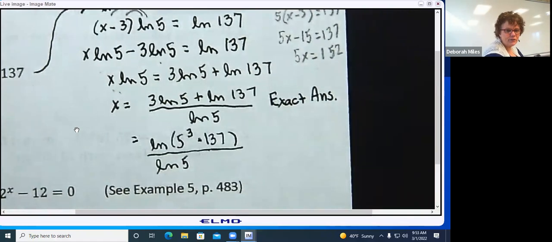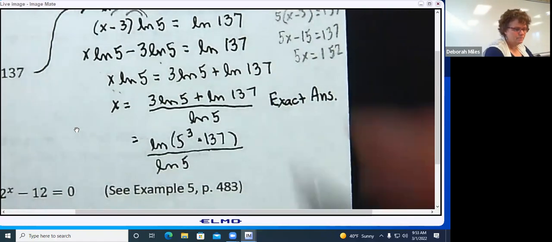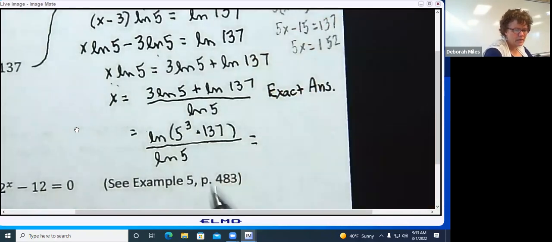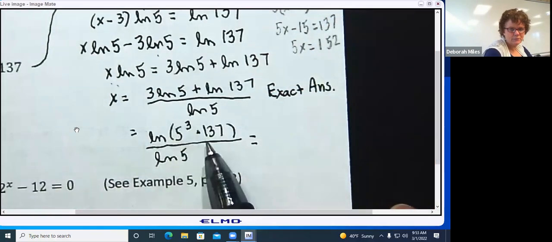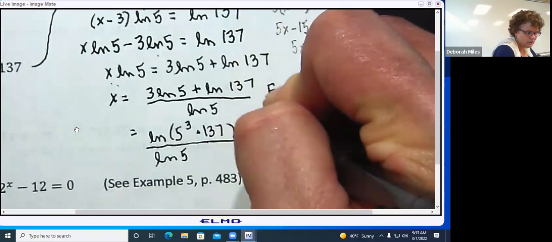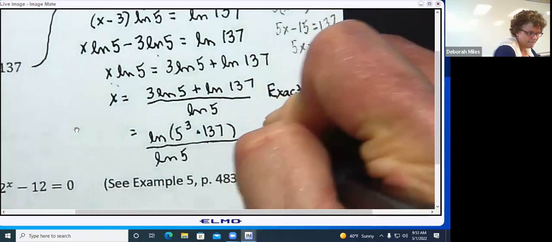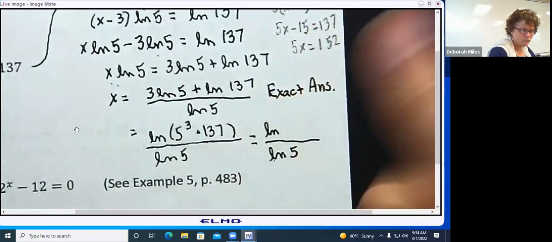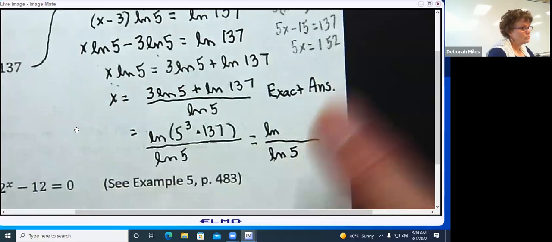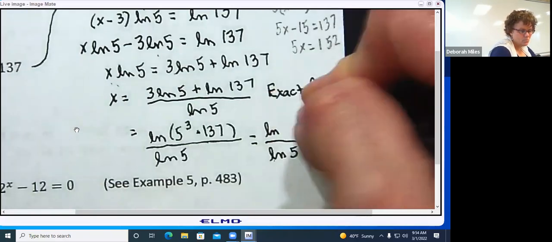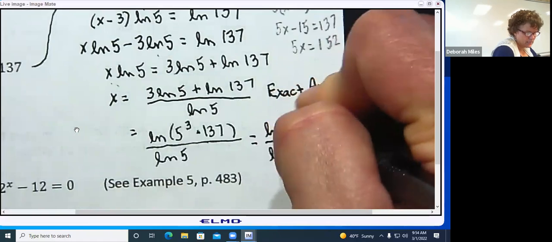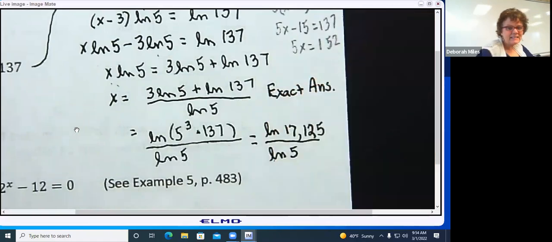That's a little bit easier to punch, or somebody do this for me. What's 125 times 137? Silas, you have it? 17,125. Thank you. That's actually what would be easiest to punch on the calculator.